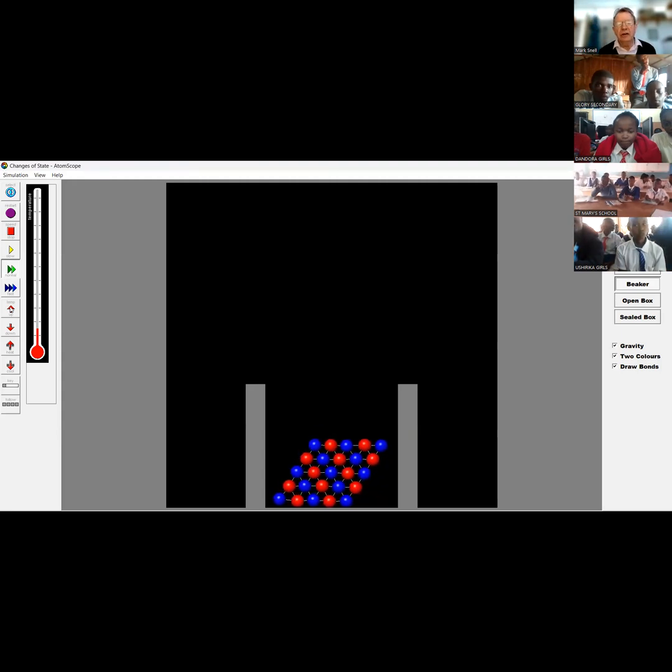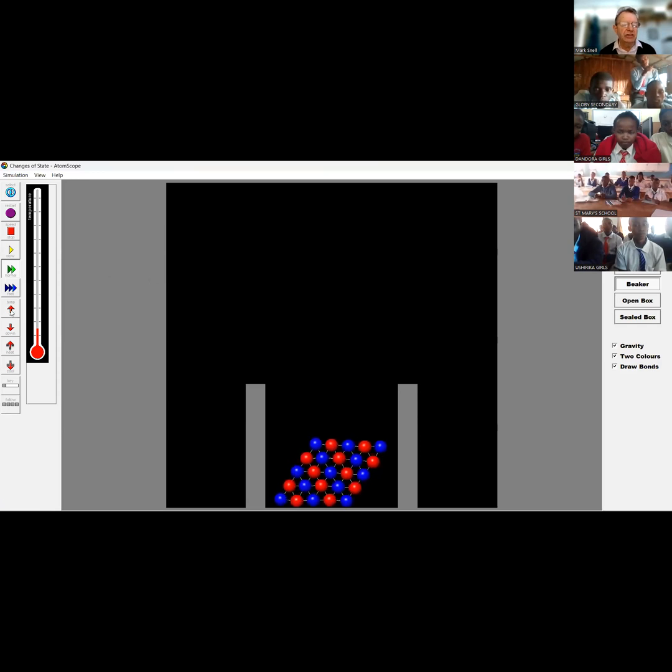And as I increase the temperature, the kinetic energy increases. Kinetic energy is just, in these terms, movement of the particles. They can't get away from each other, and therefore they are held by the forces of attraction, but they vibrate more violently.